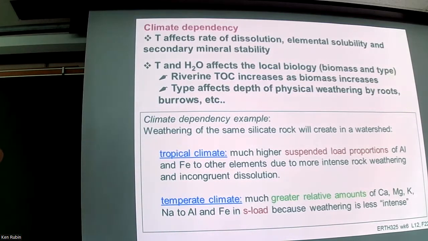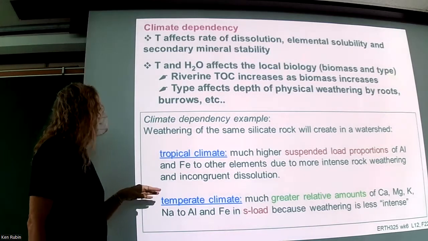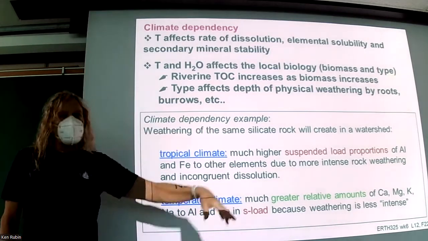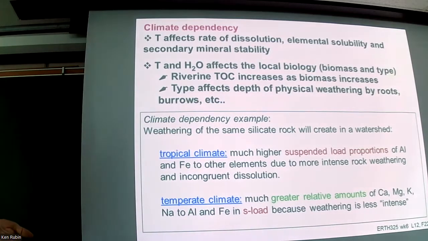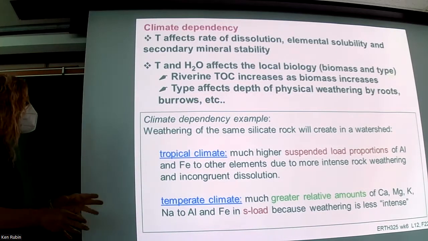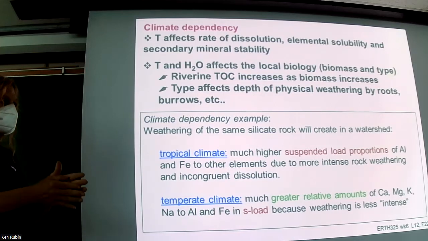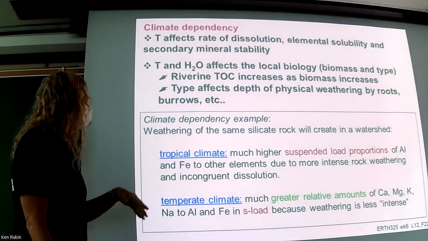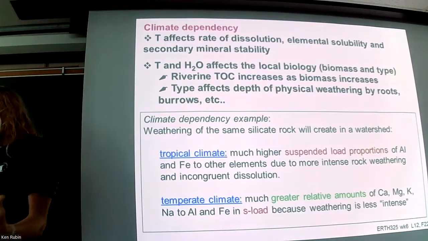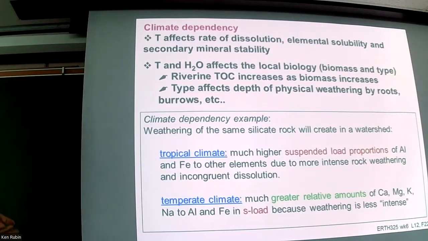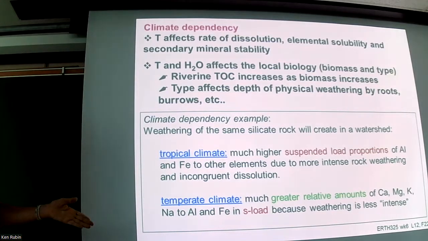Another thing related to that is the way physical weathering takes place, for instance, roots and burrows. Think about freeze-thaw cycles in places that do freeze: water gets in, it freezes, it expands, and it helps open up cracks. So places that freeze, even once or twice during the year, tend to have a higher particulate load, all other things being equal.